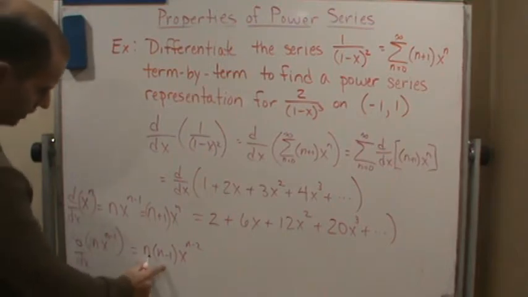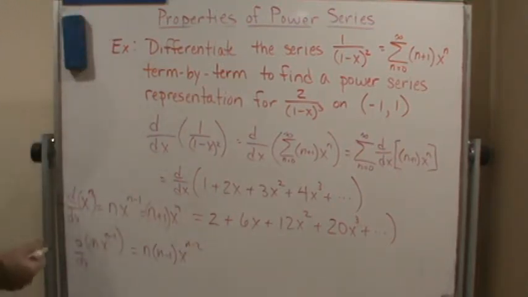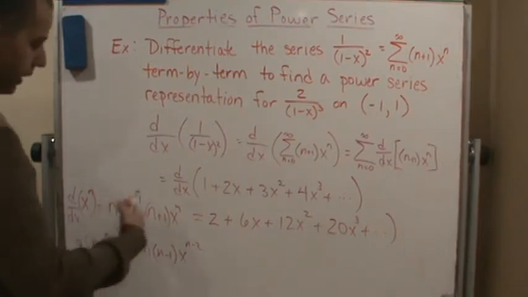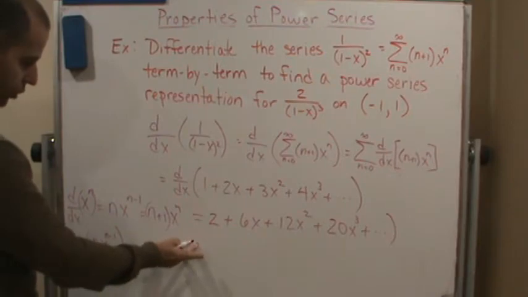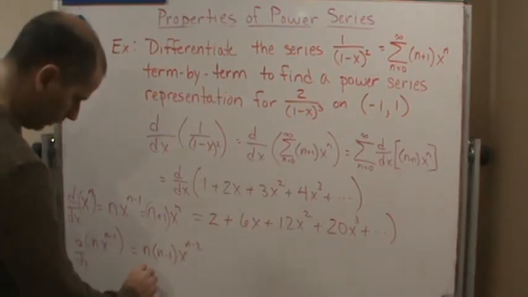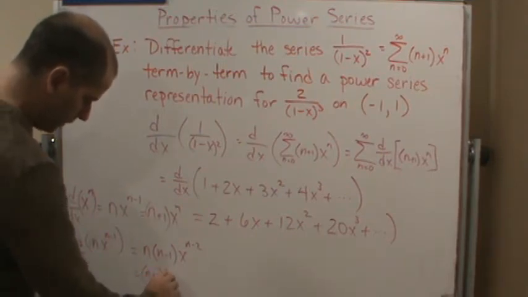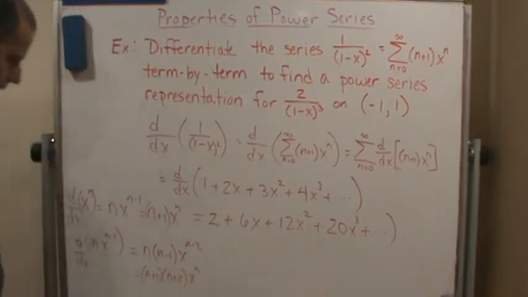Well, now I've got this one, and now I've got n minus 2. So I'm going to add another one, so I'm going to add 2 in this case. So this is going to equal n plus 1 times n plus 2, x to the n.